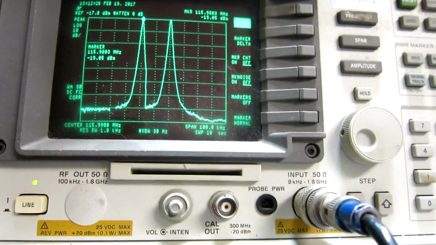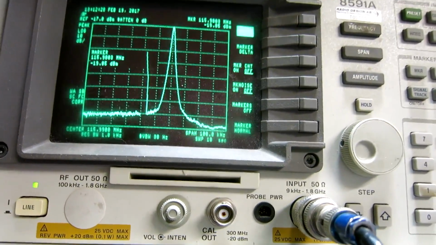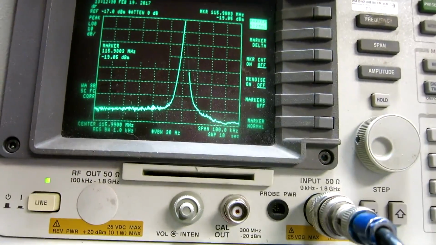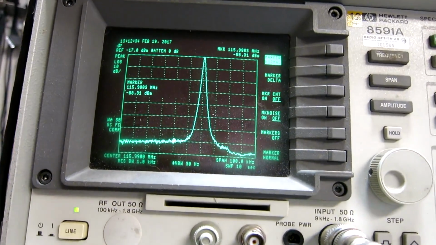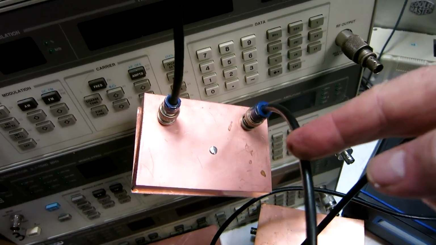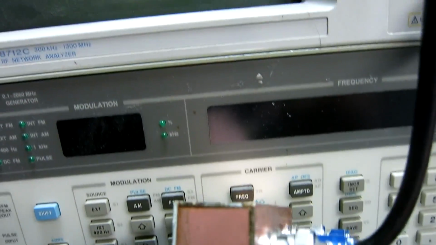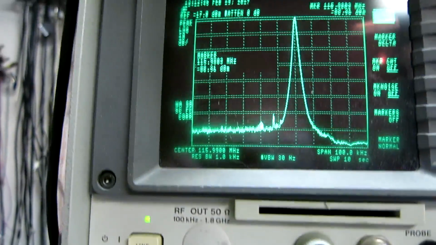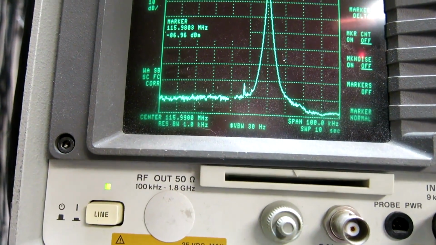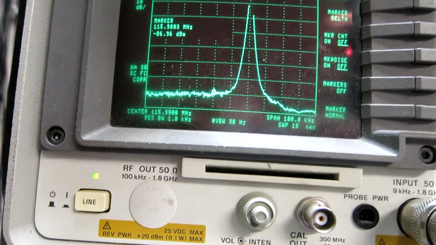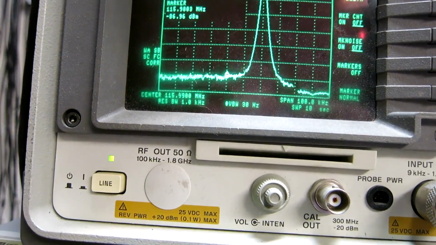This means that I should compare the noise floor to a level of plus 31 dBm. It doesn't mean I have plus 31 dBm because the notch filter stops the carrier and then I have this amplifier afterwards. But the noise reading I get here, that is minus 87, should be compared to plus 31.